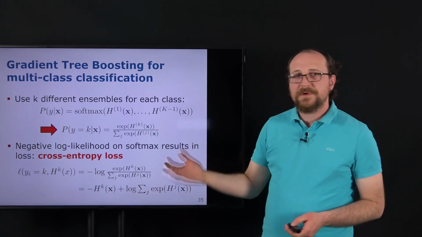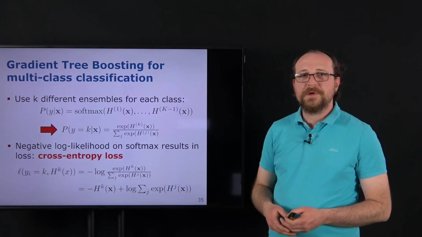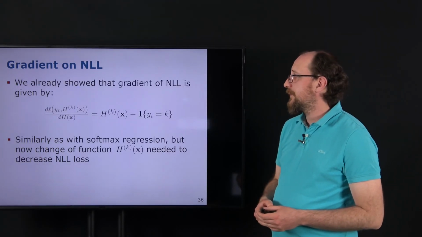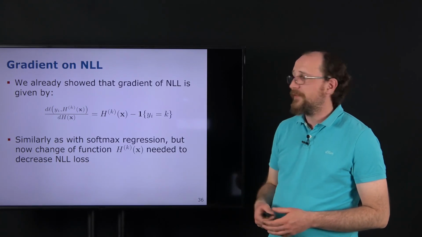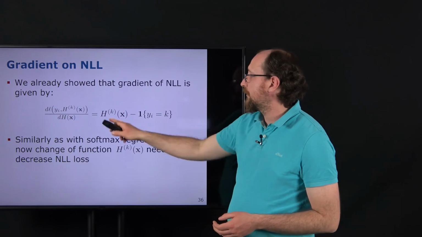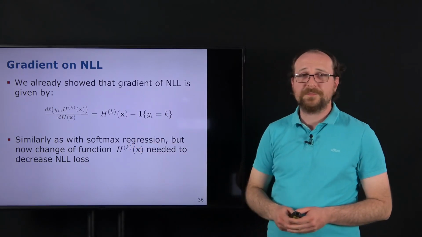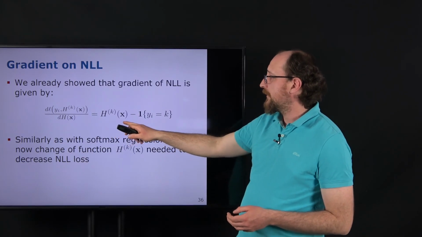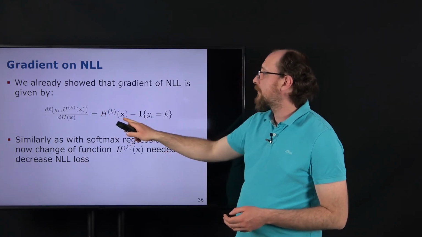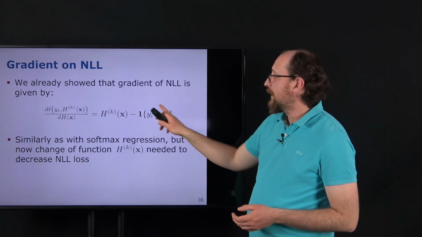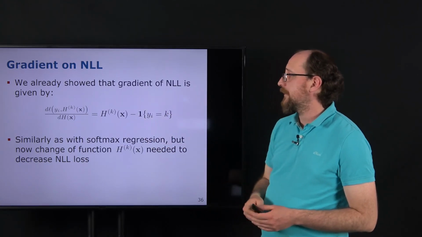And as you remember, the first step of the gradient tree boosting algorithm was to determine the gradient of this loss function with respect to the current ensemble. And this is just this term here. In the softmax regression, this was P of y equals k given x. So this is now the output of our ensemble method, and from this we subtract the indicator function.